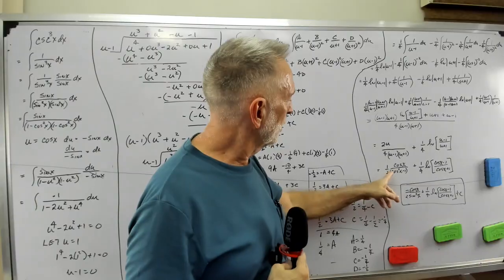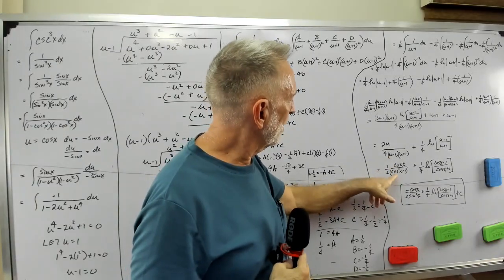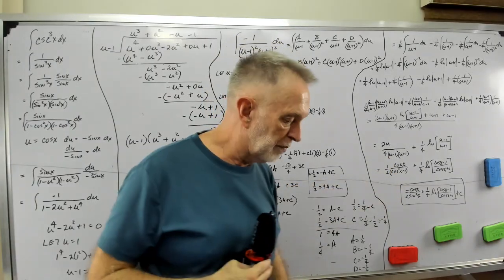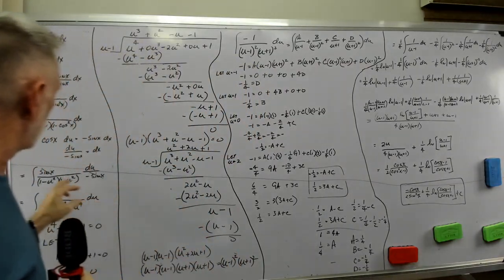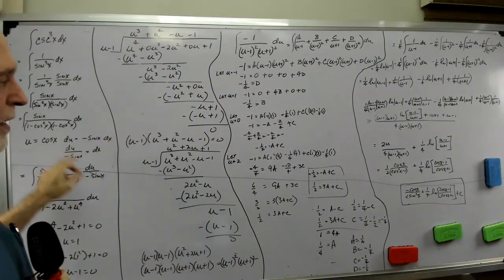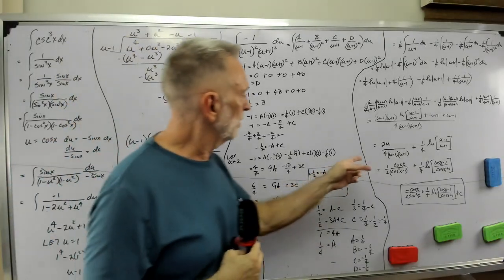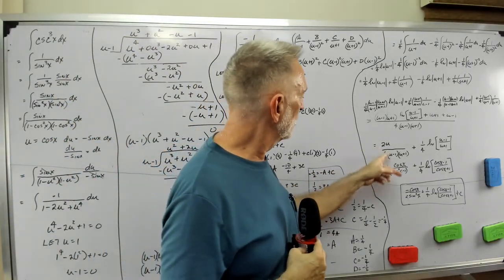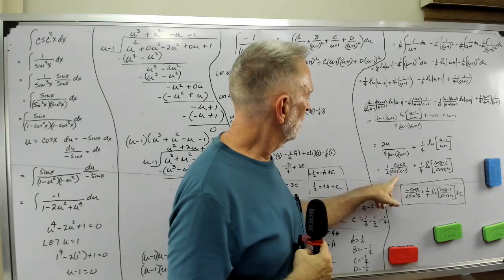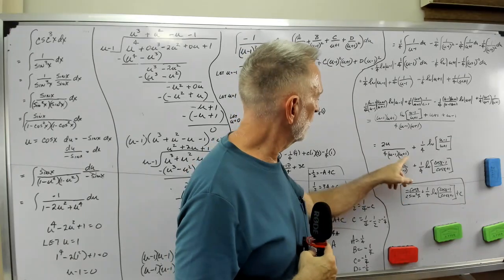Now at this point, I FOIL this out. I end up with, and then substituted back in, recall, way over here, we said u was cosine x. So I had 1/2 cosine x over cosine x squared minus 1, if you FOIL that.